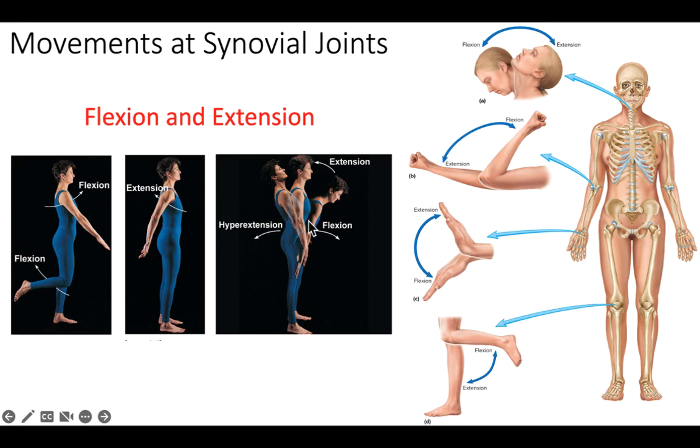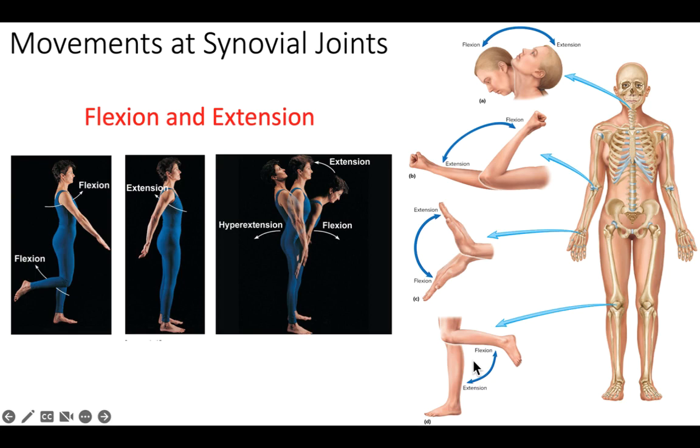Hyperextension is beyond that normal 180 degrees. Some joints will allow hyperextension. When you bend way back like this woman here, that's hyperextension, and that's okay to a certain point. You don't want to hyperextend an elbow. You don't want to hyperextend a knee.